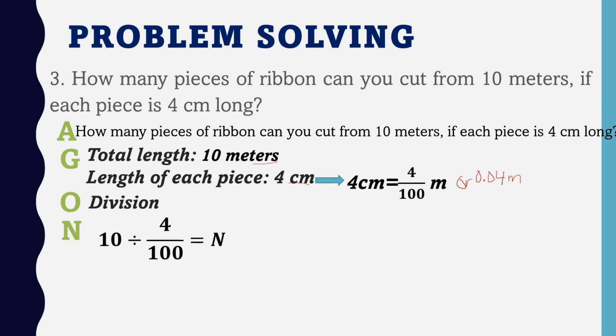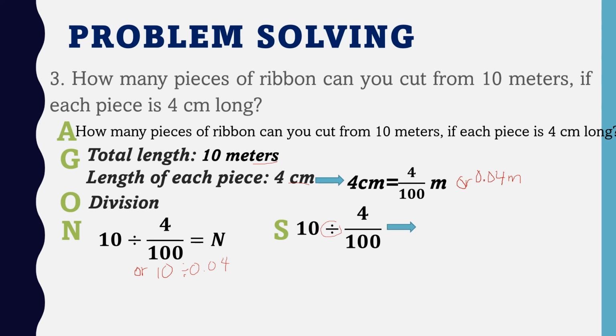Number sentence: 10 divided by 4 over 100, or we can write 10 divided by 0.04.